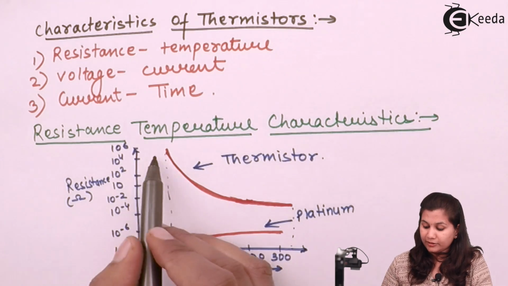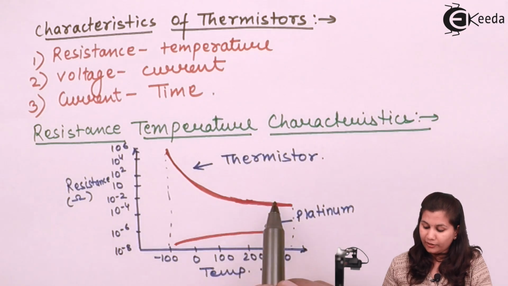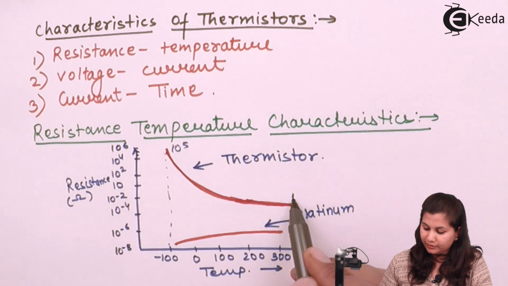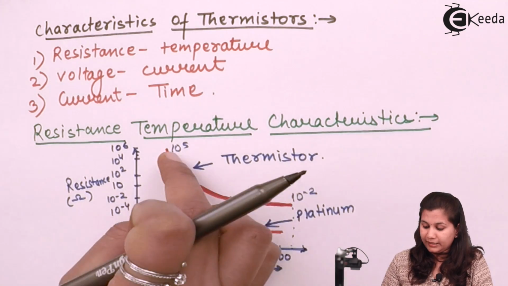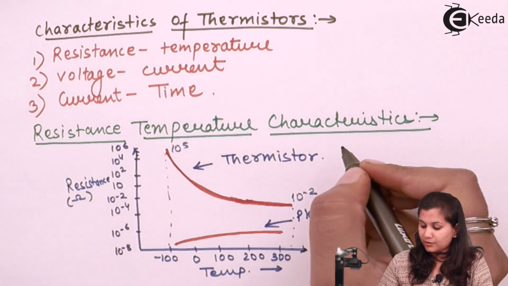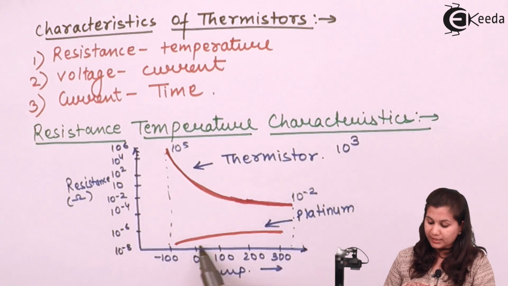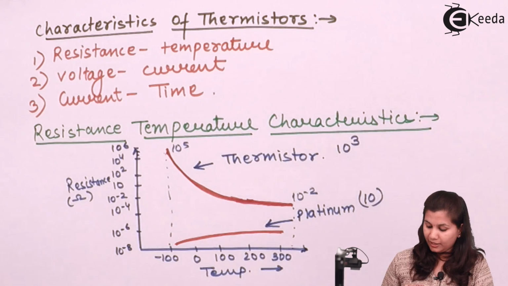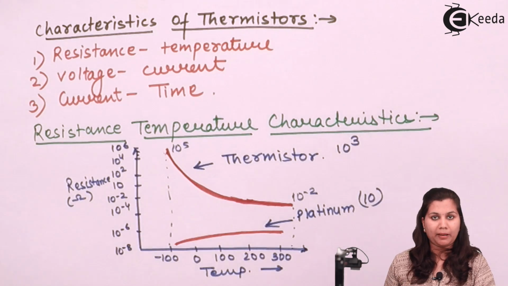Also, you can see that the decrease in the resistance is in the range from 10 raised to the power 5 to approximately 10 raised to the power -2. So in this range from -100 to 400 degrees Celsius, the decrease in the resistance is of the order 10 raised to the power 3. But the change in the resistance in this range for platinum is only by a factor of 10. Earlier it is 10 raised to the power -8, and then it reaches 10 raised to the power -7.